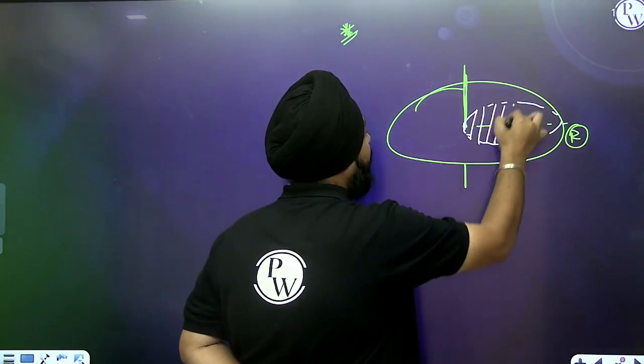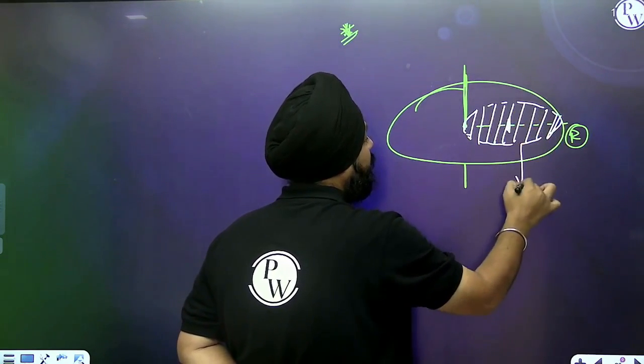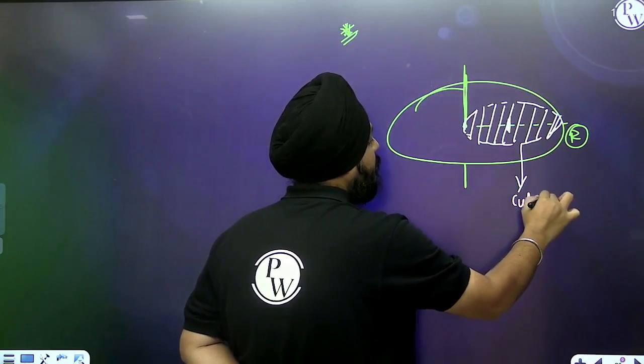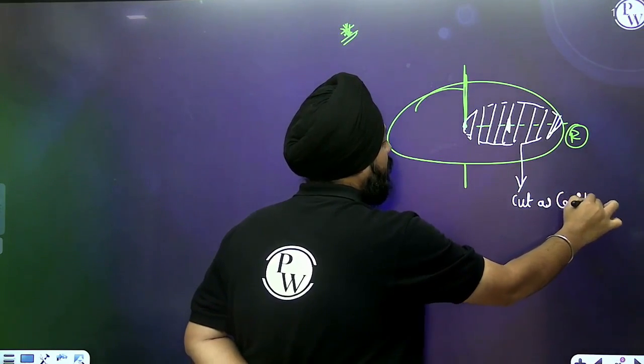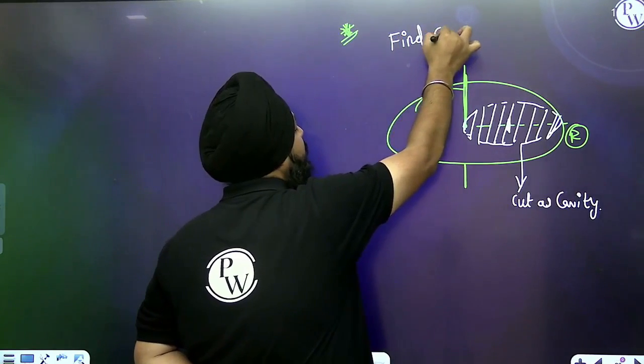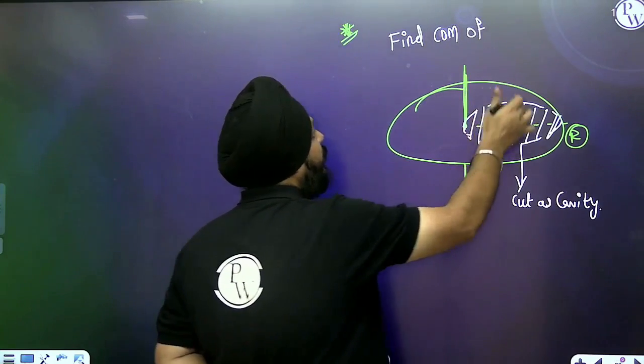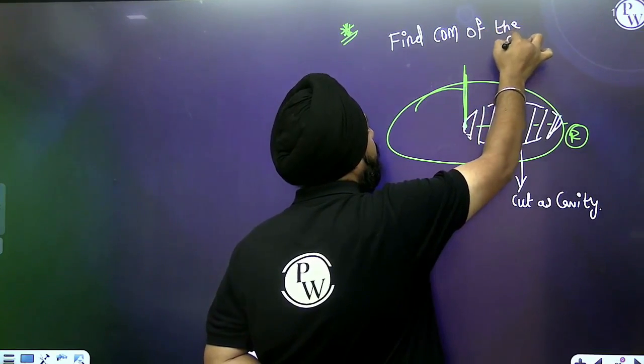This much part is cut out as a cavity. The question says, find the location of the center of mass of the remaining system.